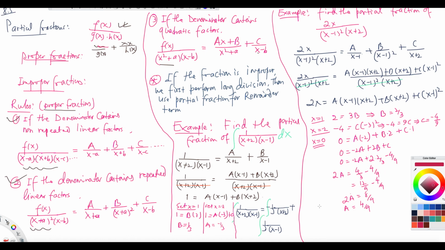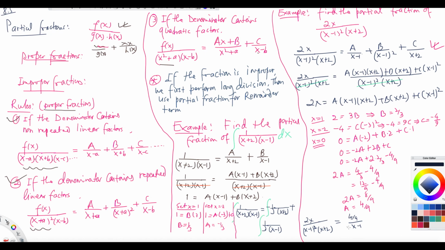Okay. Now you plug back into this line. Therefore, what do you get? 2x. Let me use a different color for that. So therefore, 2x over (x minus 1) squared times (x plus 2) equals, you get a is 4/9. You can add 4/9 over (x minus 1). I'm just plugging in here.